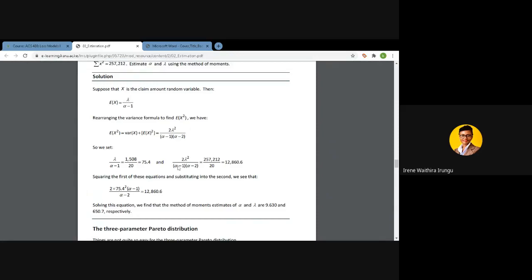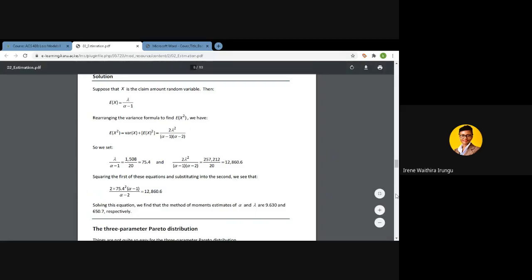And this will cancel with one of them, so that what remains is actually what we have here. Once you have this, the entire equation is in terms of the only unknown, alpha, so you can solve for alpha. Once you solve for alpha and obtain it to be equivalent to this, you can substitute it in this equation and solve for your lambda. So ensure you undertake that to confirm.